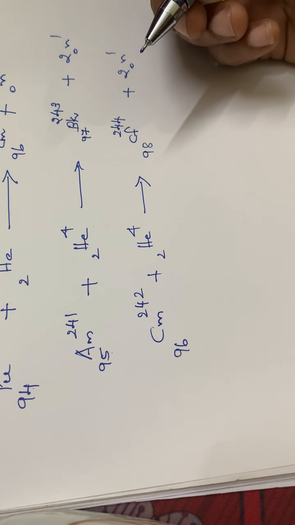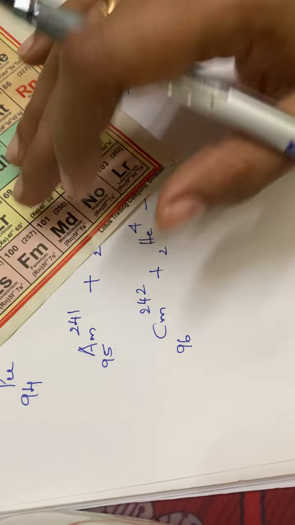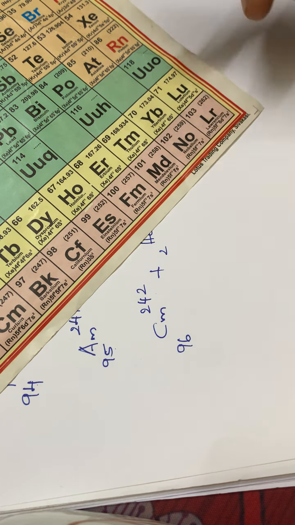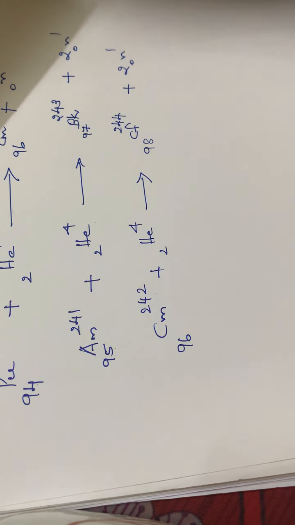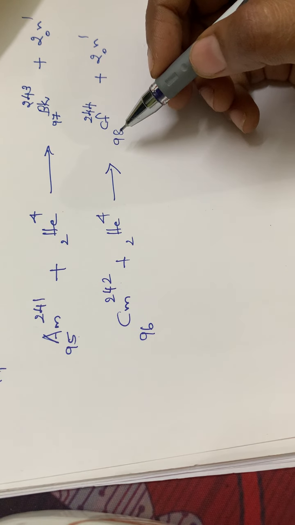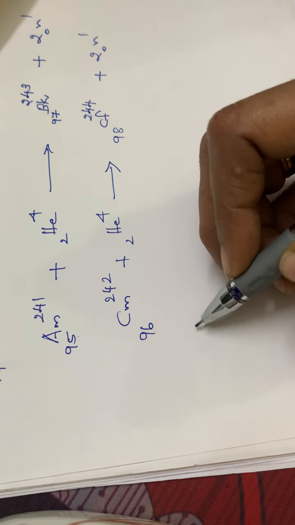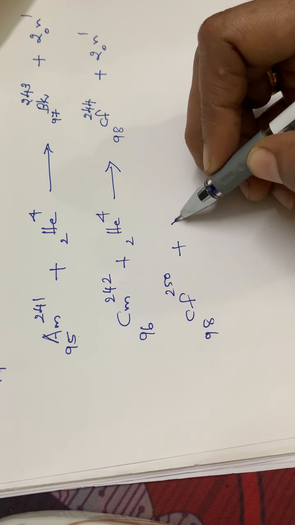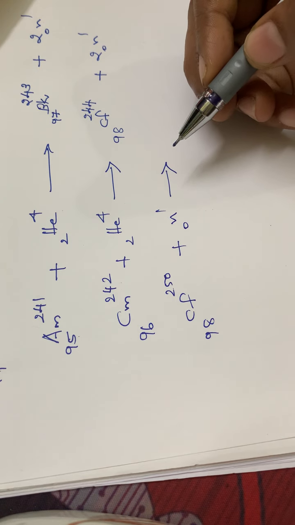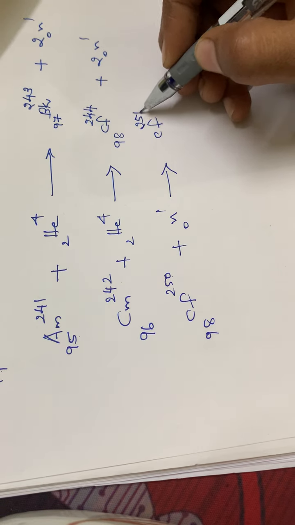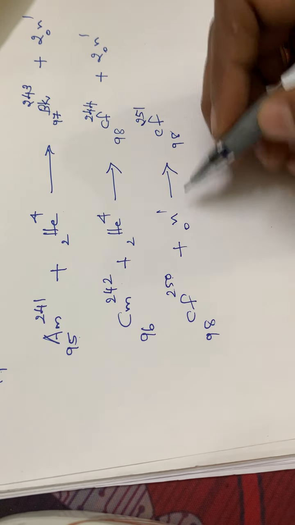Then the next element is einsteinium, isn't it? After californium comes einsteinium. Einsteinium is obtained by the bombardment of californium with neutrons. So we had californium-250 (98), and it is bombarded with a neutron, n-1-0. The first resulting product is californium-251, with 98 plus 0 is 98.